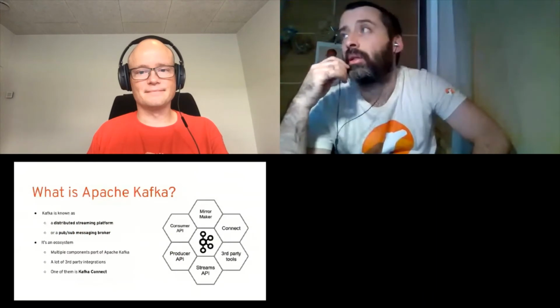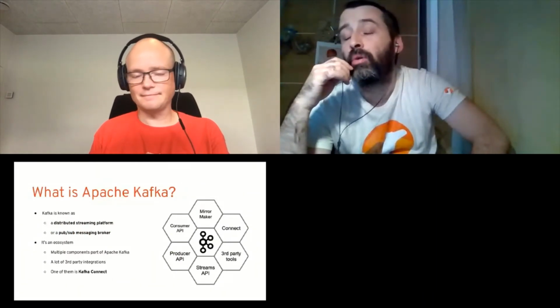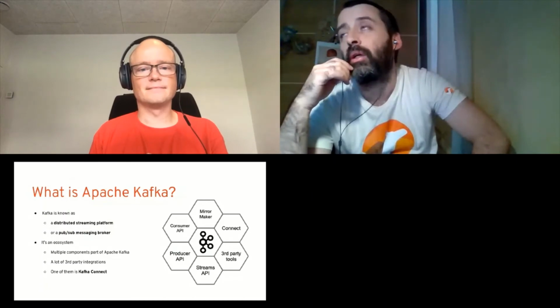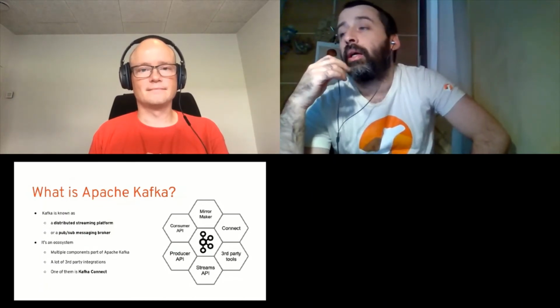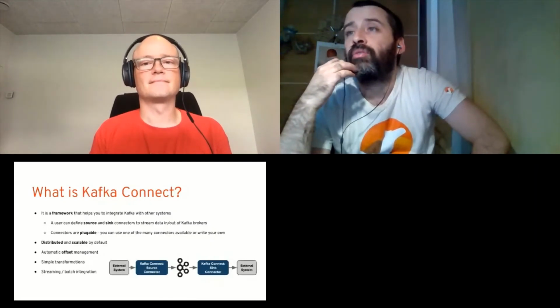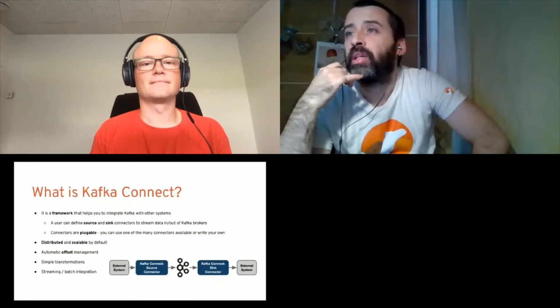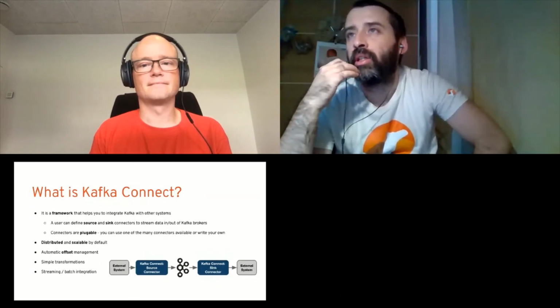As Camel is an ecosystem, there are multiple parts in Apache Kafka, and in Camel Kafka Connector we focus on and leverage what is in the Kafka Connect framework. What is Kafka Connect? It is a framework, and basically it helps the user integrate Kafka with external systems.